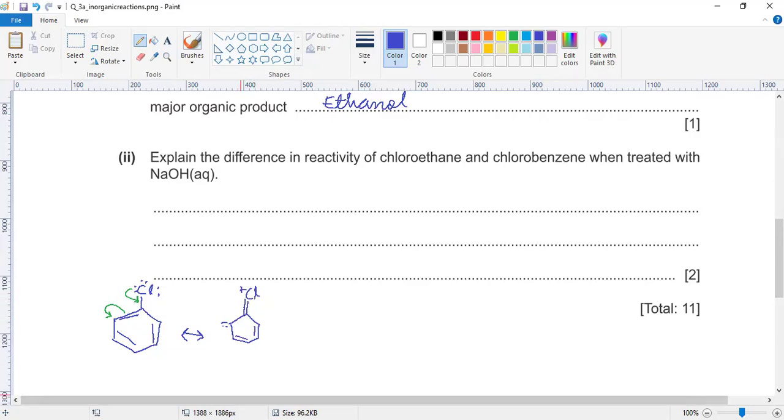So actually this is the main reason: the delocalization of lone pairs of chlorine.